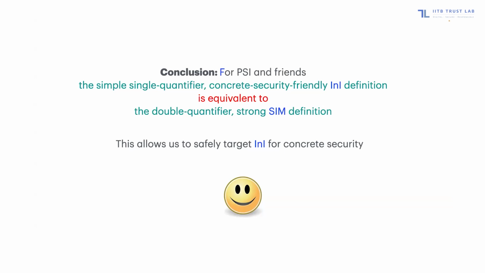And INI is also concrete security or cryptanalysis friendly. Specifically, what I mean by that is if we want to show an attack on a protocol with respect to a simulation-based definition, we have to give an adversary which works for all the simulators.